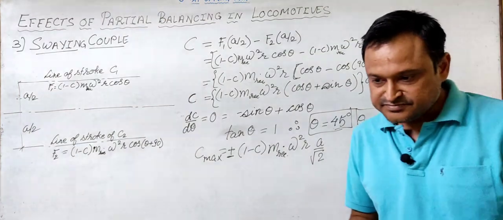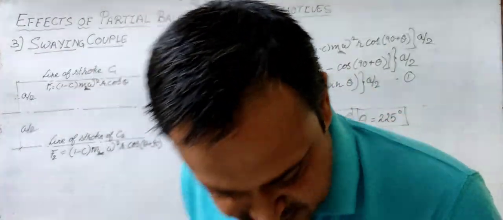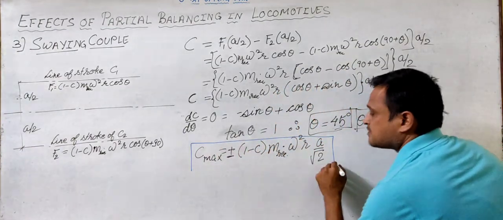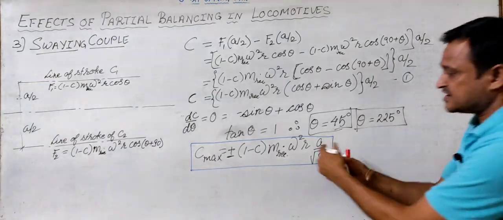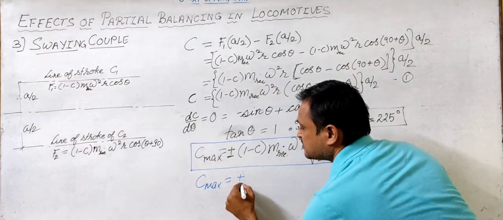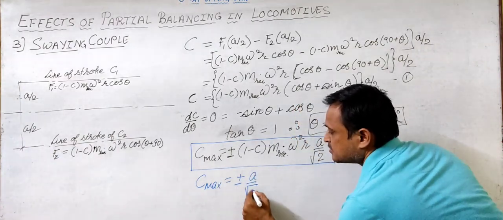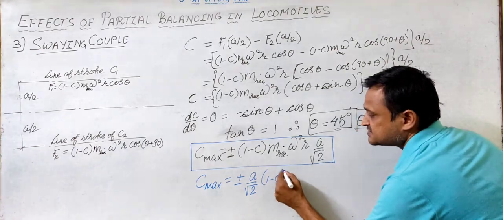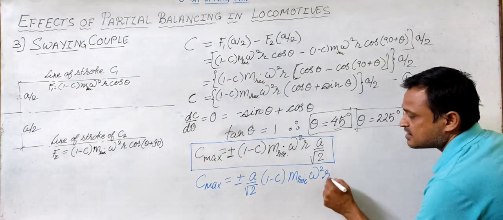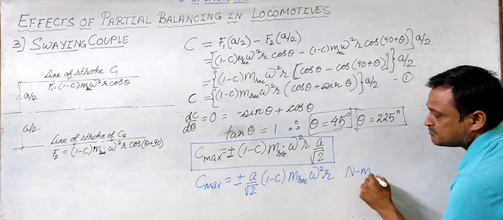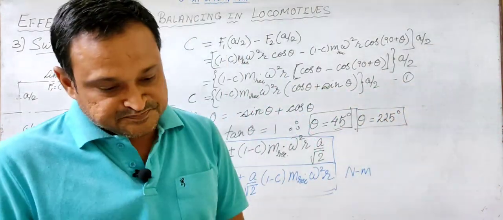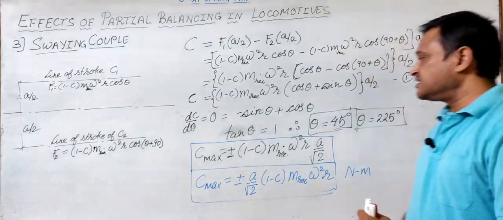So we get this as the maximum swaying couple, which can be written as plus or minus a by root 2 times (1 minus c) times m reciprocating omega square r Newton meter. This is the maximum swaying couple in the system.